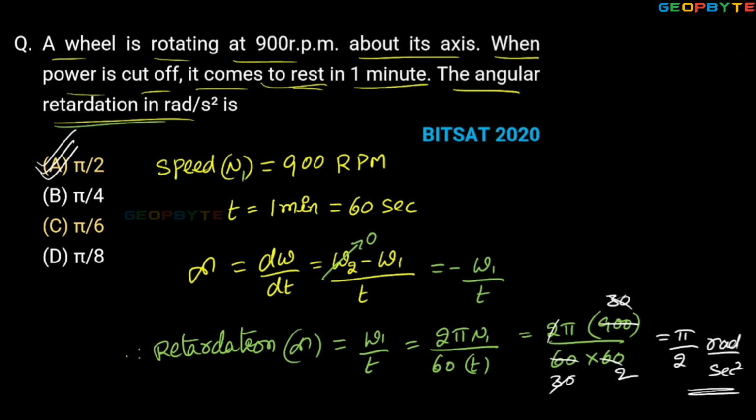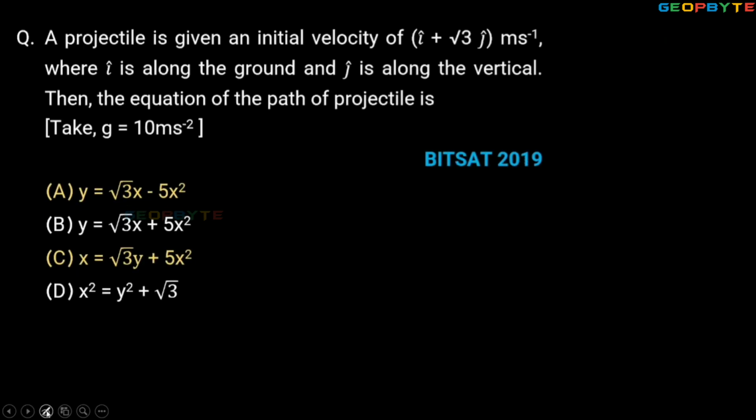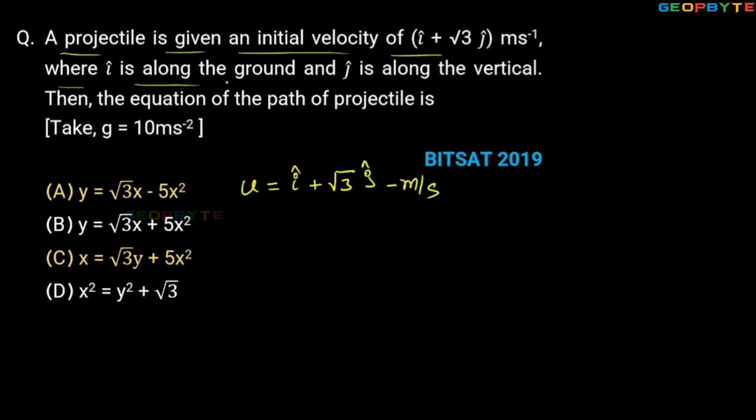Understood clearly? Yes. Similarly, let us take another important problem. It is asking like this. A projectile is given an initial velocity u, given as i cap plus root 3 j cap, in meter per second, where i cap is along the ground, that means along the x-axis, and j cap is along the vertical.